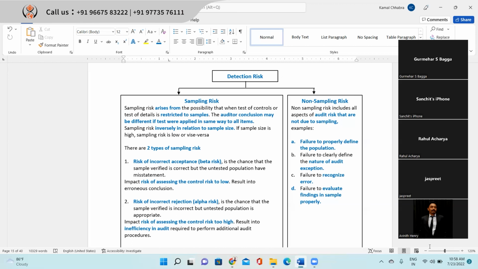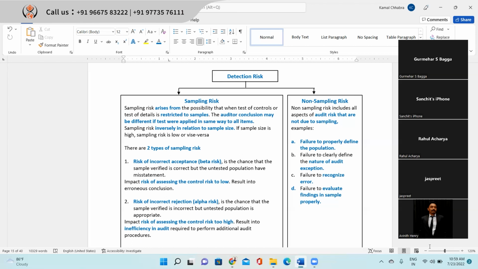Then what you will conclude, you will be relying on control, right? As you are relying on control, you are considering control risk low. If the control risk is low and you are putting reliance on the control, then when you are planning test of details, you'll be selecting fewer samples.